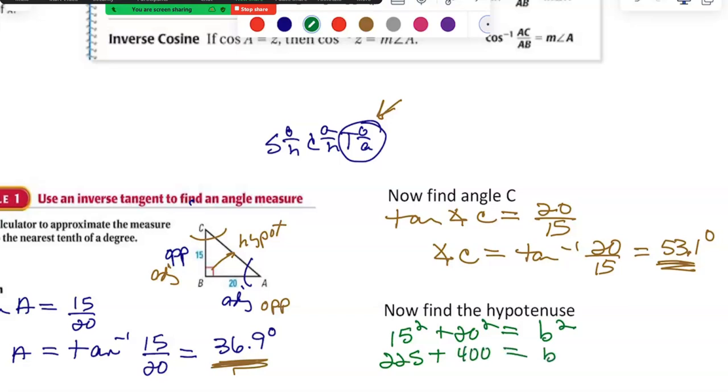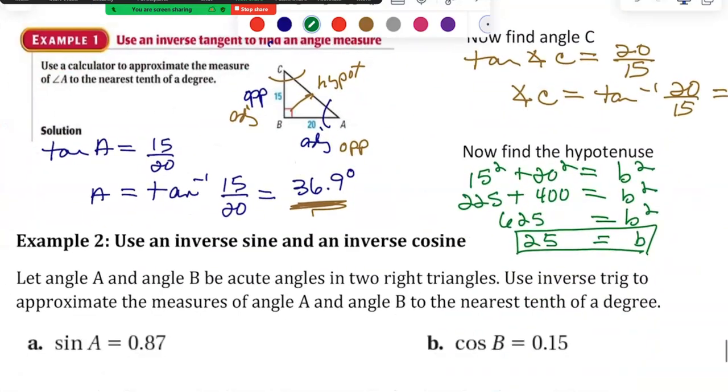These two added together is 625, which equals b squared. So take the square root of 625 and you get that b, which is the hypotenuse, is 25. So that was a triple, and there you have it.